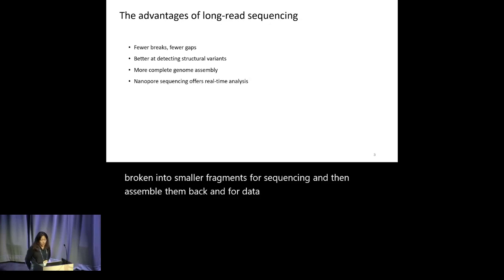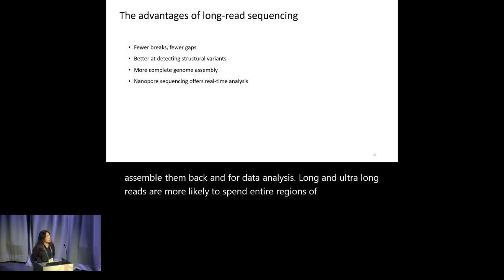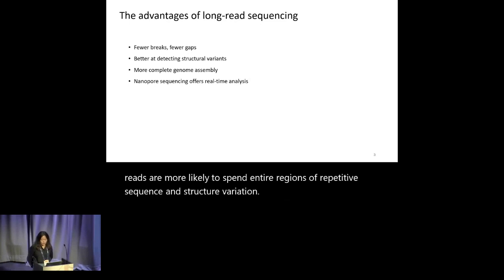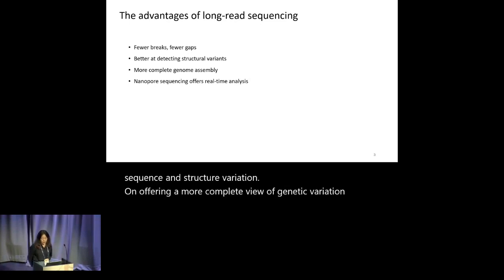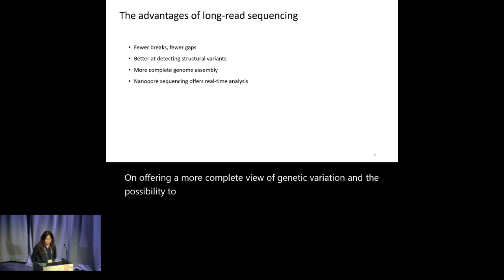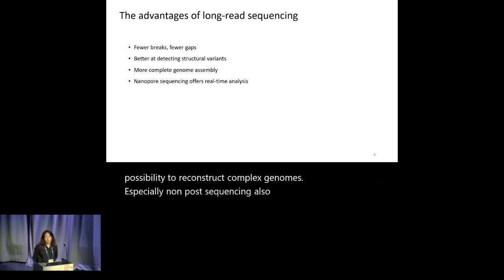Long and ultra-long reads are more likely to span entire regions of repetitive sequence and structural variation, offering a more complete view of genetic variation and the possibility to reconstruct complex genomes. Especially, nanopore sequencing also offers real-time analysis in a time-saving manner.